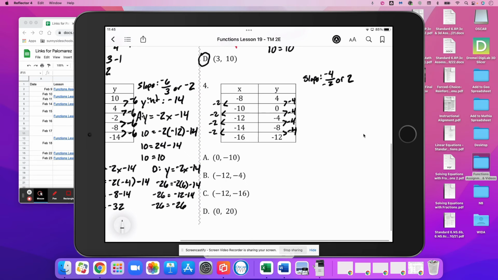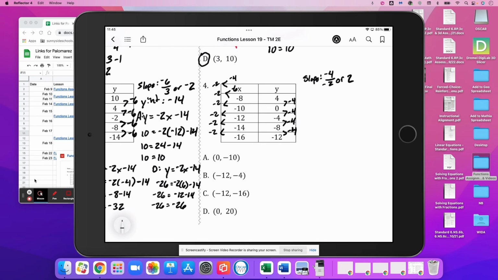And for this one, to get our y-intercept, we could just count backwards. It looks like we are going to land on 0. So I've got to go down 2 to get to negative 6. Down, no. Yeah, I've got to go up 2, my bad, to get to negative 6.